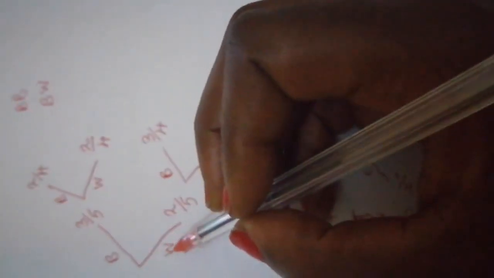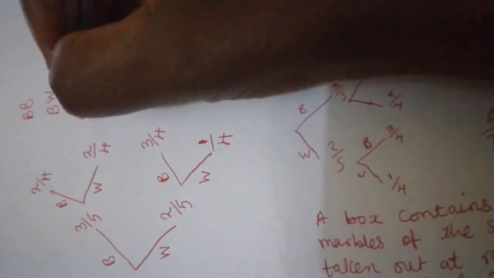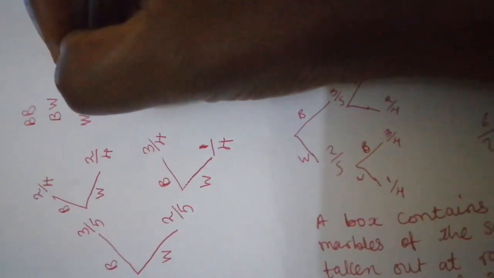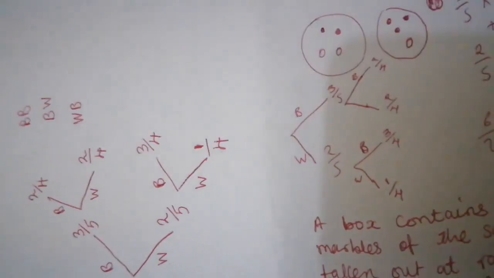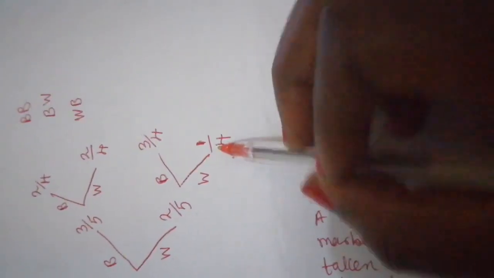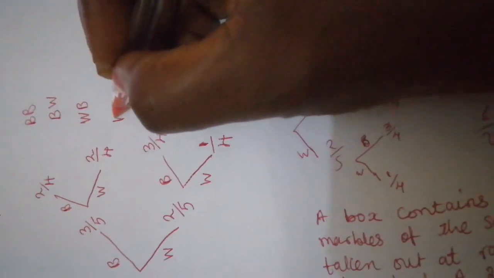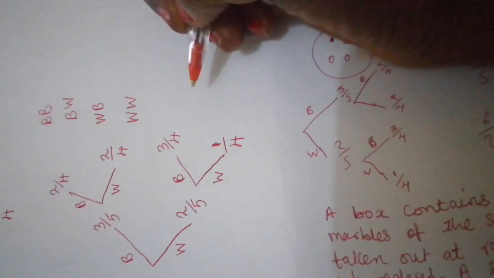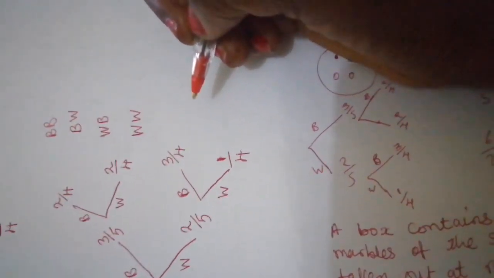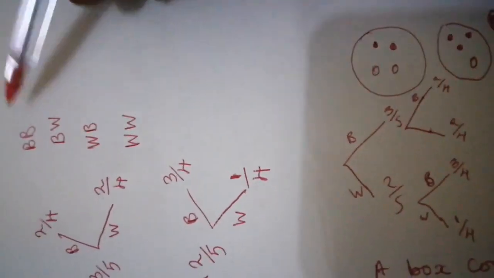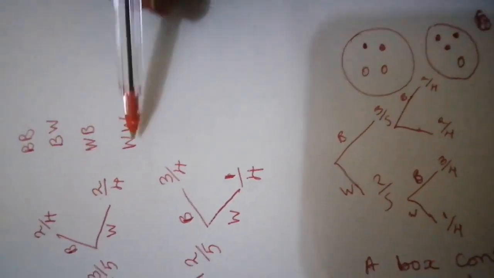Then here we have white, black: the possibility of picking a white marble in the first draw, then a black marble in the second draw. Then from here to there, it's white marble in the first draw, white marble in the second draw. So these are the possibilities: black-black, black-white, white-black, white-white.